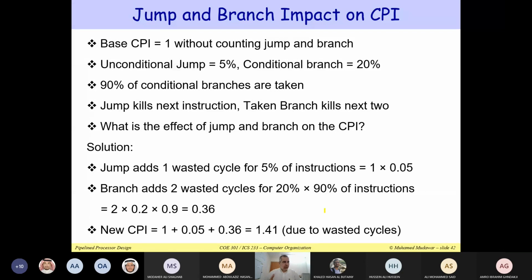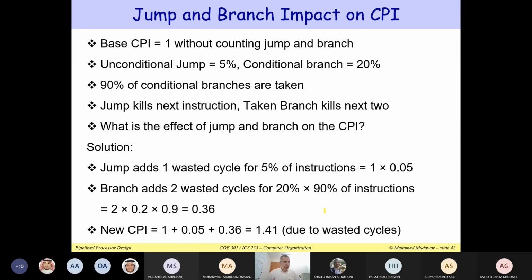And every time we have a jump which is taken, we waste 1 cycle. So we have 5 additional cycles. If we can complete instructions at the rate of one cycle per instruction, 100 instructions will take 100 cycles to complete.